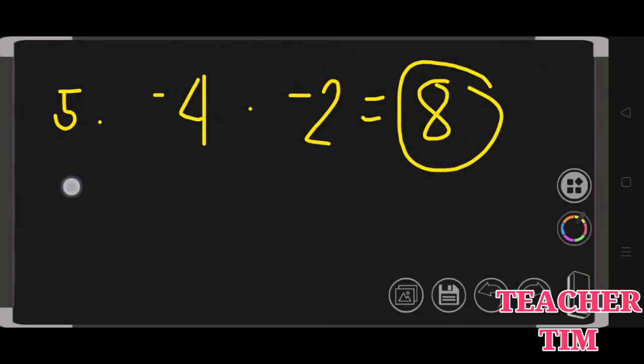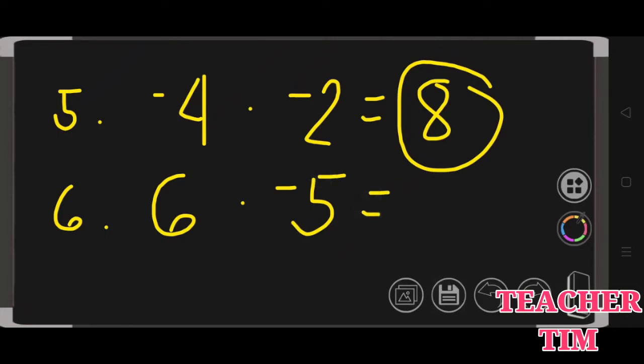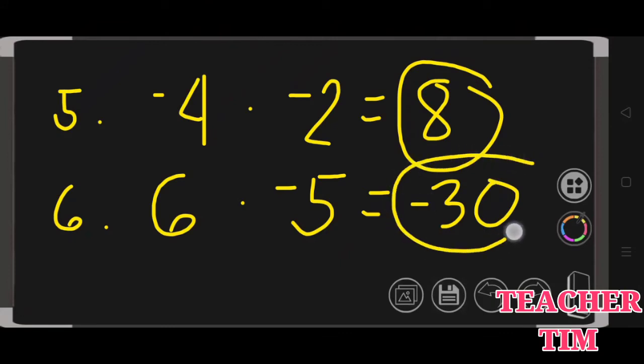Let's proceed to another example, number 6. 6 times negative 5. So our rule, if they have different signs, the answer is negative. So 6 times 5 is 30, and the final answer is negative 30. So always remember those rules.